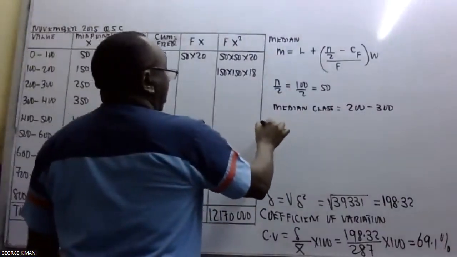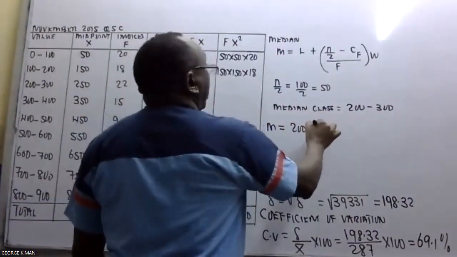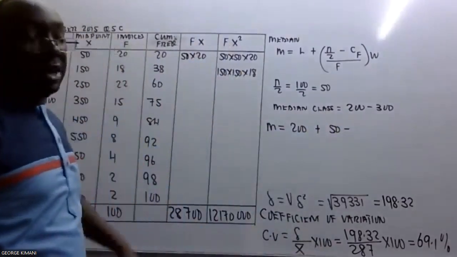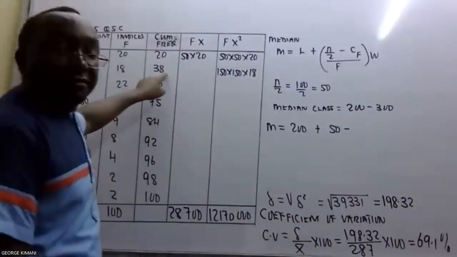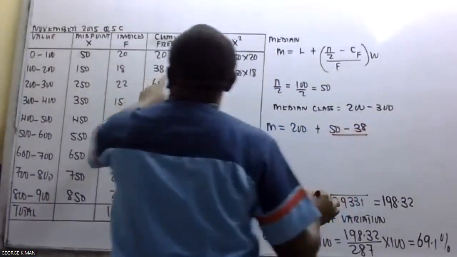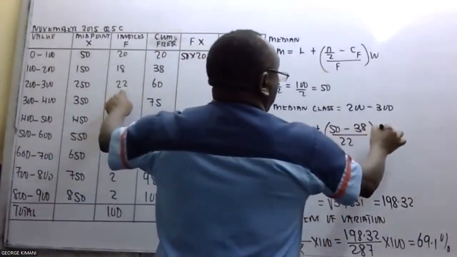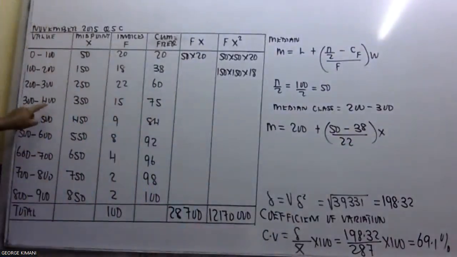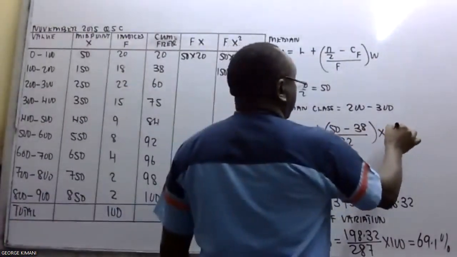So our median then will be, the lower limit is 200 plus 50 minus the cumulative frequency above. The cumulative frequency above is 98. You divide by the frequency of that class, which is 22, multiplied by the width. The width is the difference between these two classes. You can see it is 100.